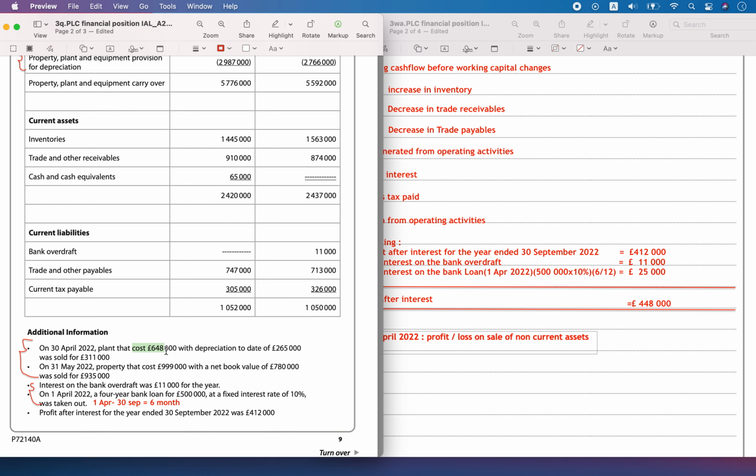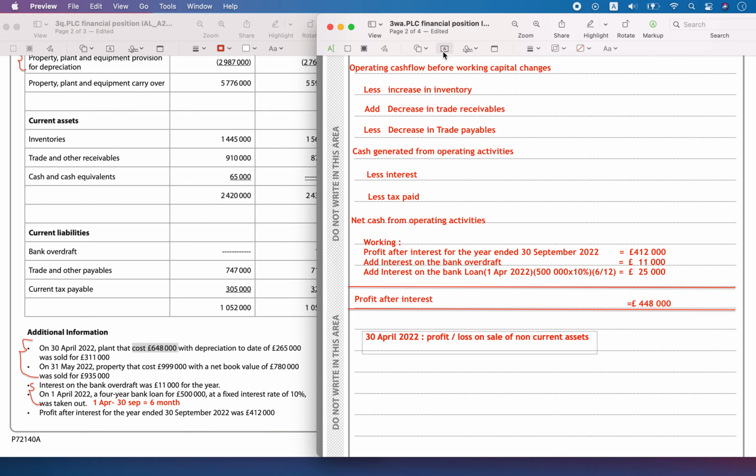So first we will see, cost is equal to cost minus the total accumulated depreciation plus the cash received, the value received when you sold.